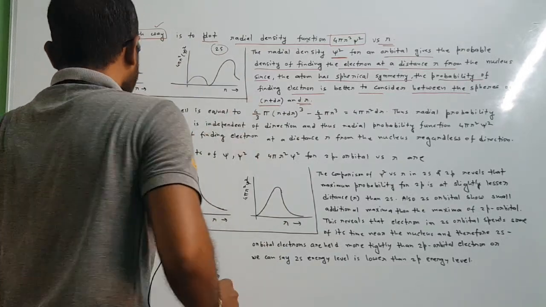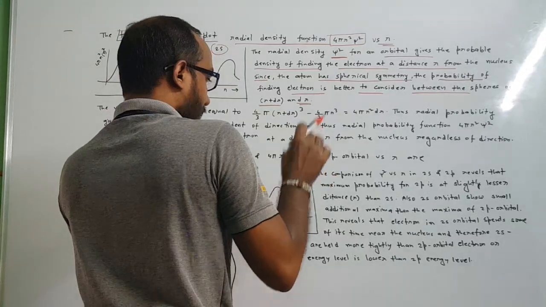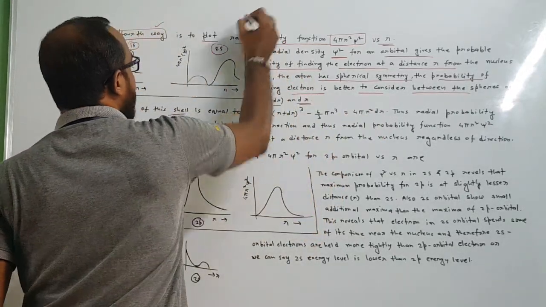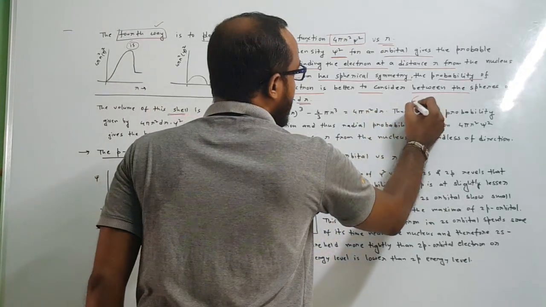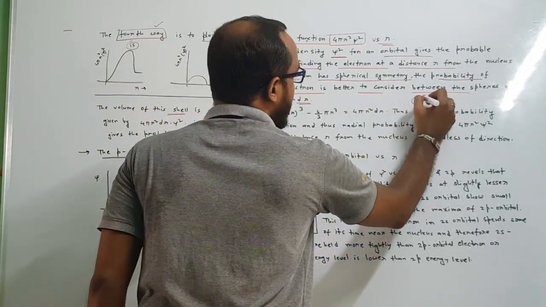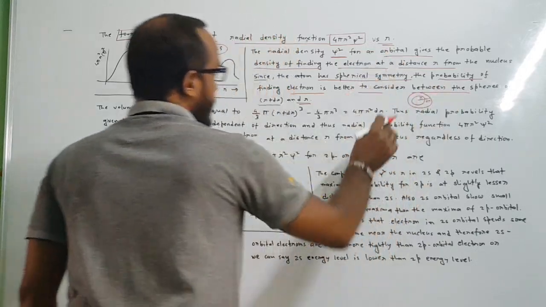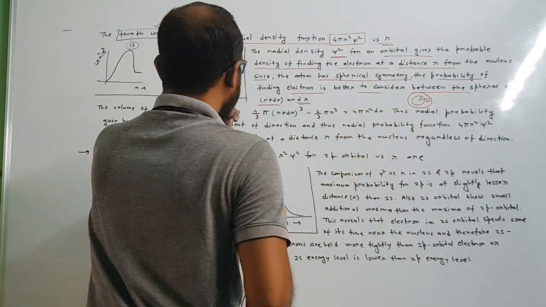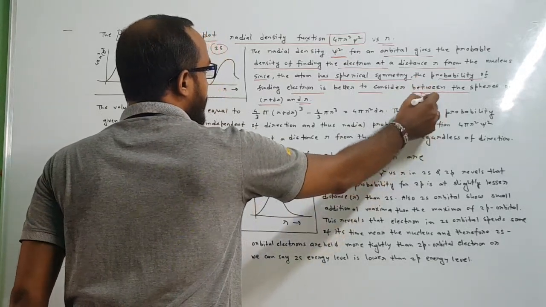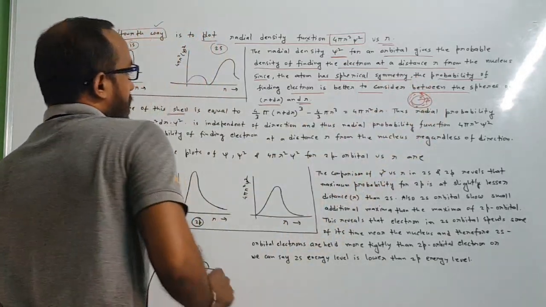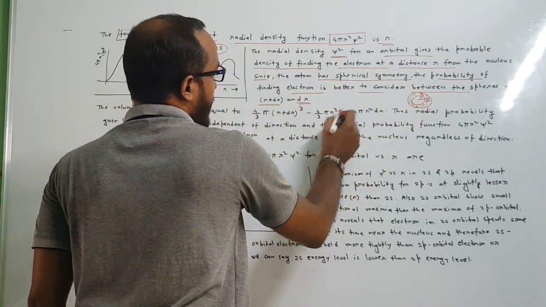So how did this come? See the volume of the shell. Let us say this is the sphere of radius r and this is the outer sphere of radius r plus dr. The volume of the shell would be 4/3 pi (r plus dr) whole cube minus 4/3 pi r cube.